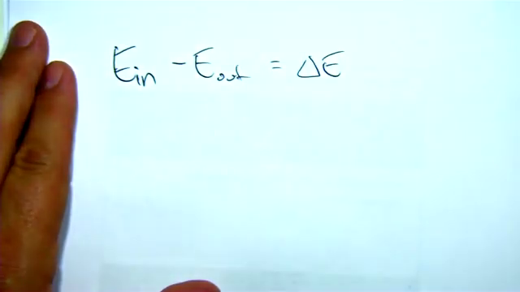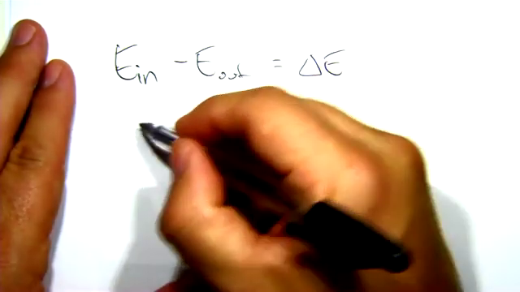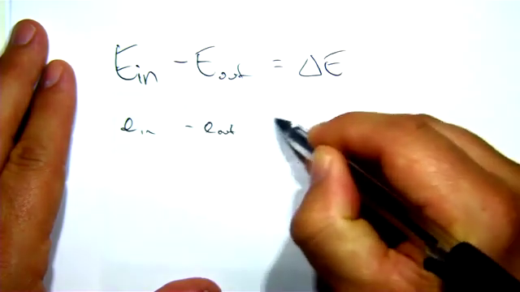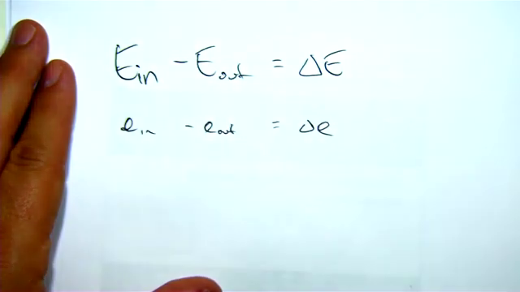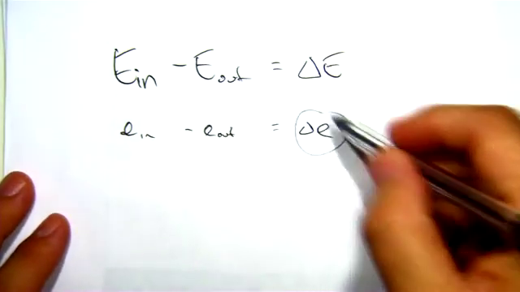We said we like to work on intensive units, so divide through by mass. I can use little e in minus little e out equals delta little e. We said we measure system energy with my internal energy, my kinetic energy, my potential energy. So for the moment, let's just leave this as it is.